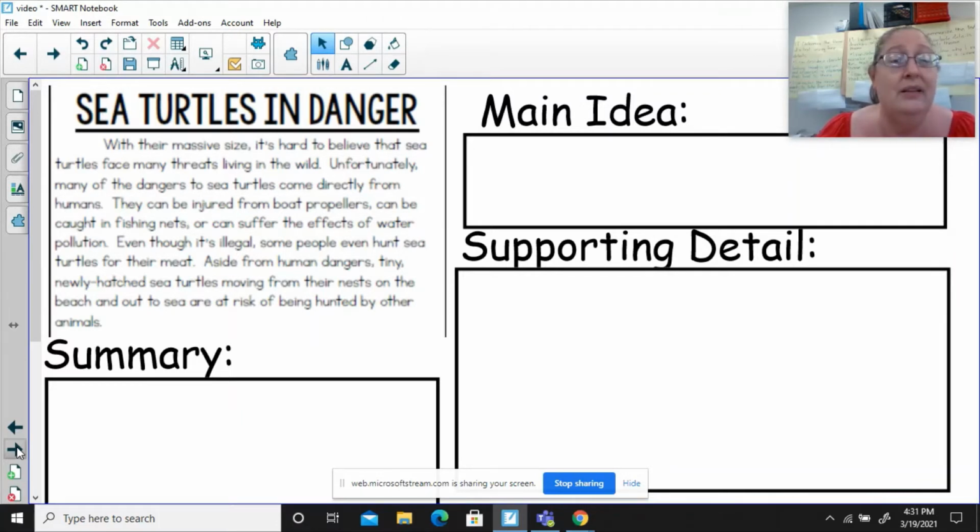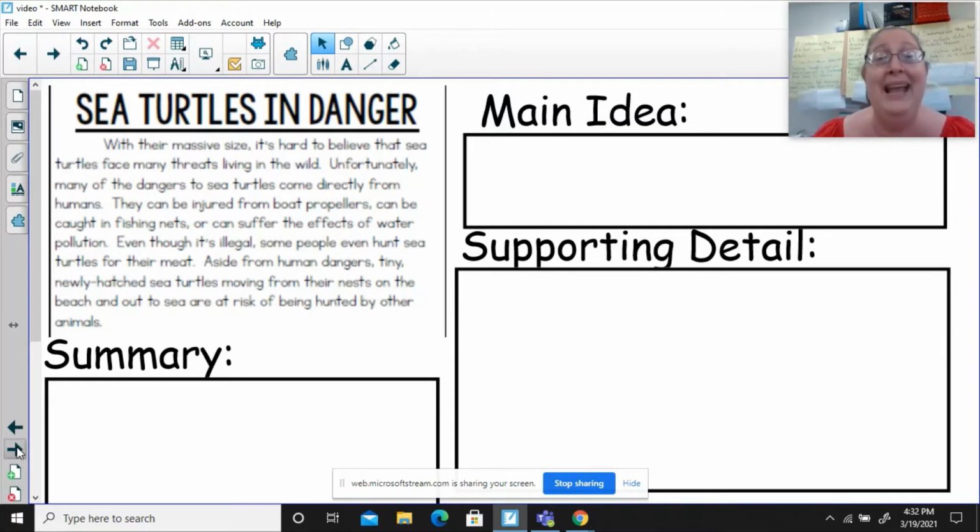Even though it's illegal, some people even hunt sea turtles for their meat. Aside from human dangers, tiny, newly hatched sea turtles moving from their nests on the beach and out to sea are at risk of being hunted by other animals.